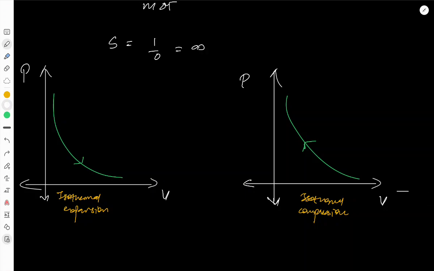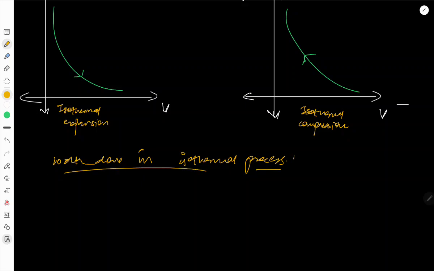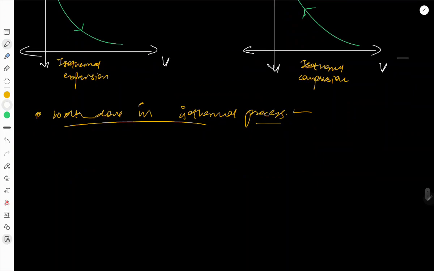Yes, and now let us go to our next process. No, before that we will find out the work done, which we concluded was non-zero. So work done in isothermal process, and we know that work done is equal to integration of P dV.